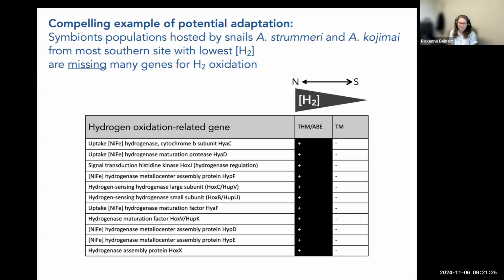So they have the hydrogen oxidation related genes. Whereas if you look at those very same symbiont species in the south, the strains there seem to have lost all of those genes for hydrogen oxidation. And so there seems to be potentially some benefit to having lost those genes if they're not needed anymore. And so we do see, again, this evidence that they're potentially locally adapted to the hydrogen concentrations found at their very specific site.